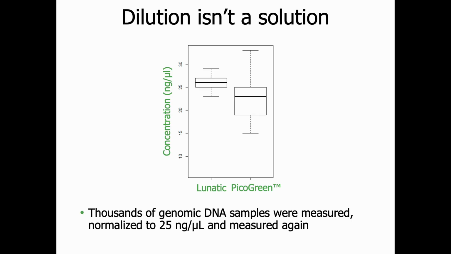They quantified thousands of genomic DNA samples with either method, normalized them to 25 nanograms per microliter, and measured again. You can see there's a much wider variation in the results with picogreen compared to samples read on Lunatic. When you have to dilute your sample to fit your standard curve, you're going to see more error and more risk of poor normalization, which ultimately means more risk of sequencing failures.